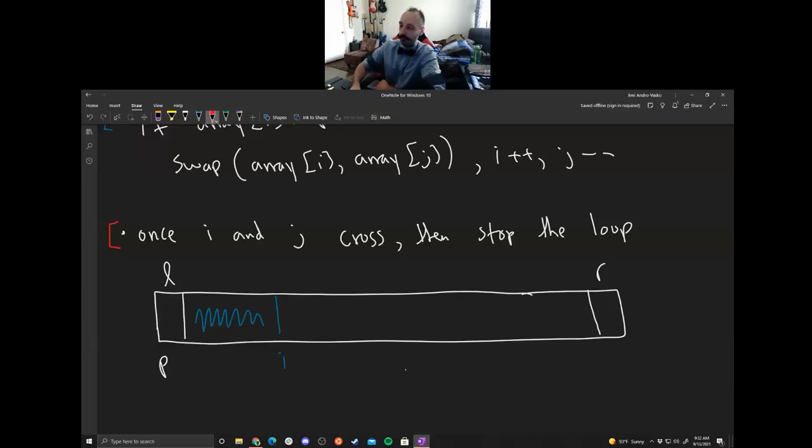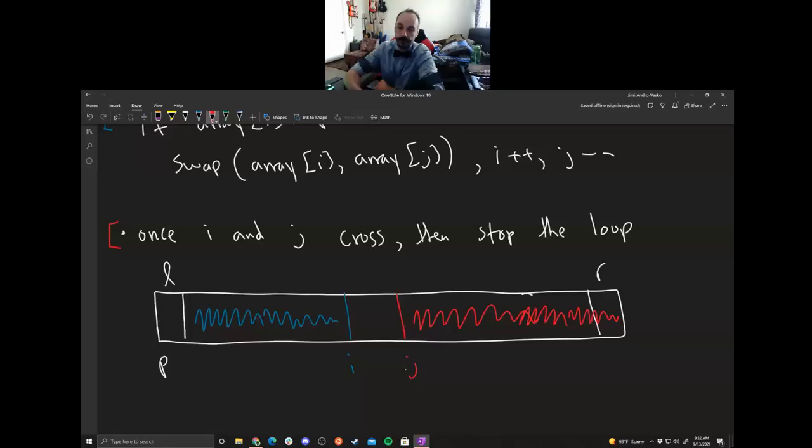And if J is over here, everything is larger. And as we move I over, as we're moving I and moving J, this list gets bigger and bigger. The blue elements will denote less than the pivot, and the red denotes larger.